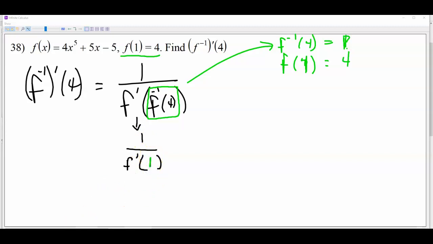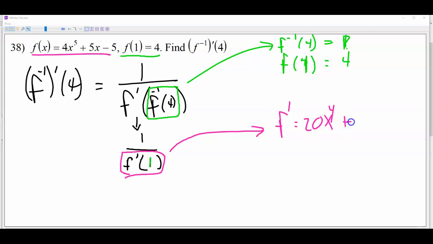At this point, we're going to find the derivative of our function, f. We're going to plug 1 into it, and whatever answer we get, we're going to put that on the bottom down here. So this is another little detour. Let's find the derivative of f and plug 1 into it. So f prime is equal to 20x to the 4th plus 5.